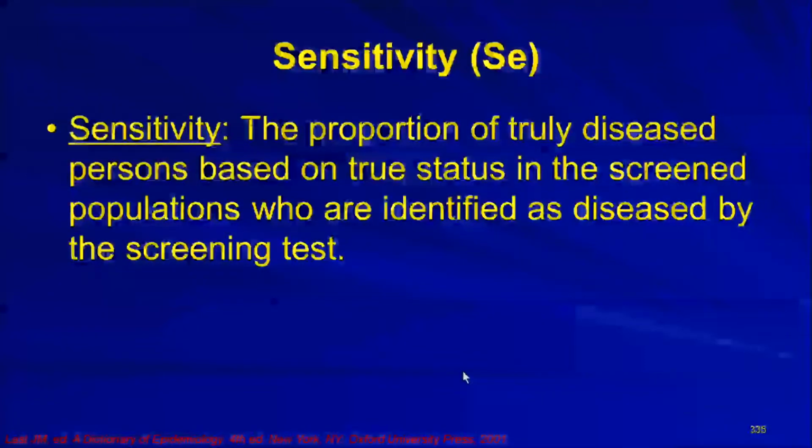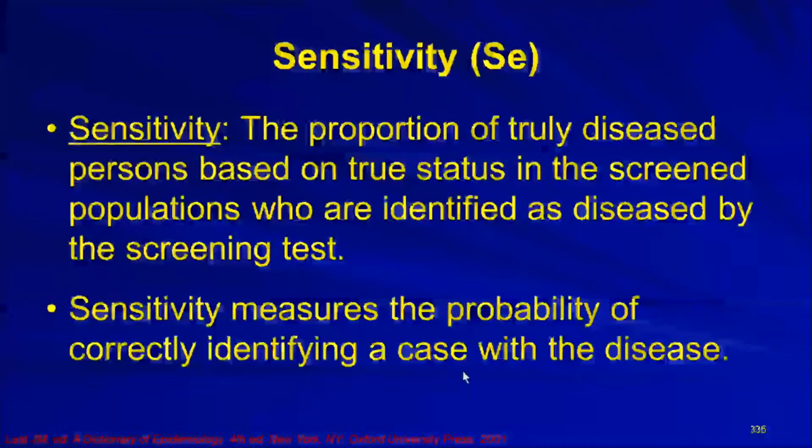It would agree with the gold standard of diagnosis, that those people that have the disease really do, and those people who don't have the disease really don't. But sensitivity measures the probability of correctly identifying a case with the disease, and this is done by the screening test. Okay, so that's an important thing to remember.